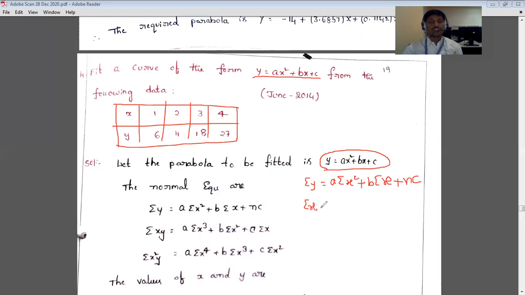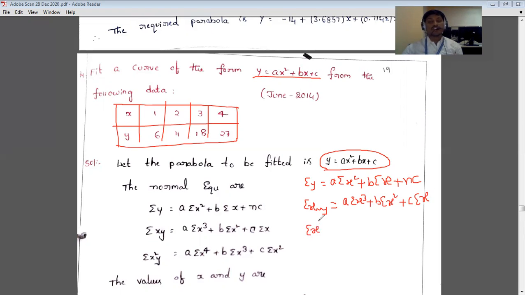So summation xy is equal to a summation x cube, plus b summation x square, and next c summation x.